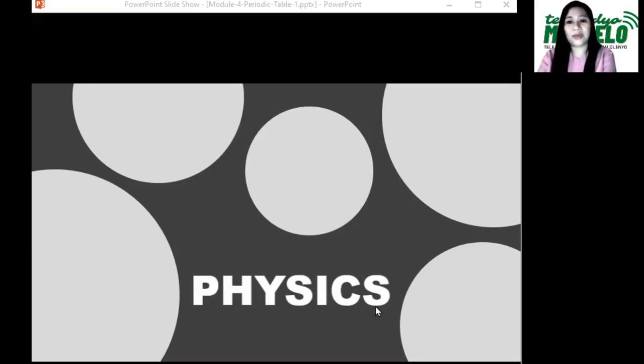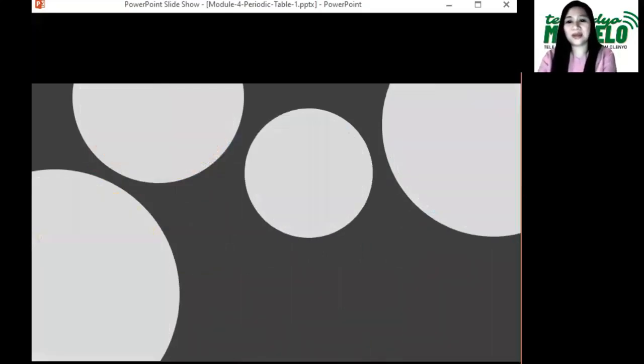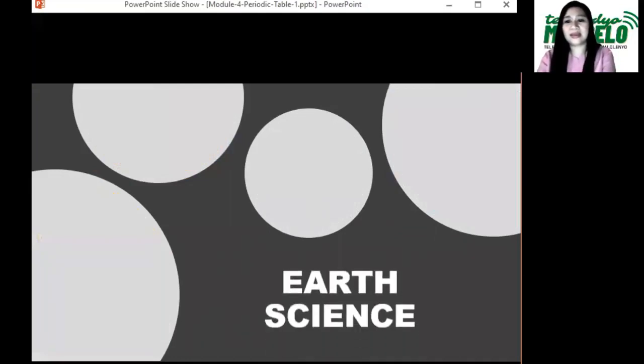Very good. We have meter sticks, magnets, protractor, weighing scale, and other instruments. How about in earth science? Can you name some of the devices used in earth science? Correct.